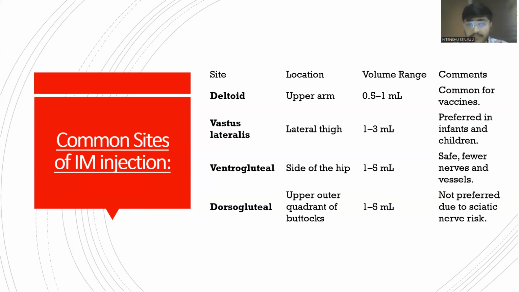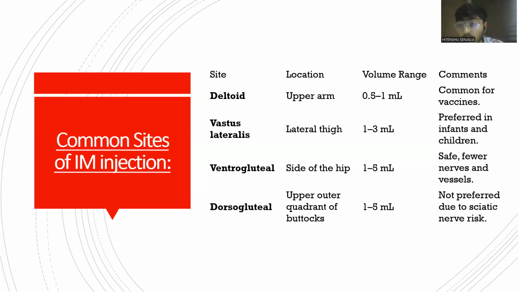The vastus lateralis is at the lateral thigh. The volume of the drug is 1 to 3 ml, and it is preferable in infants and children. So for small kids or infants, we give the intramuscular injection at the vastus lateralis location.